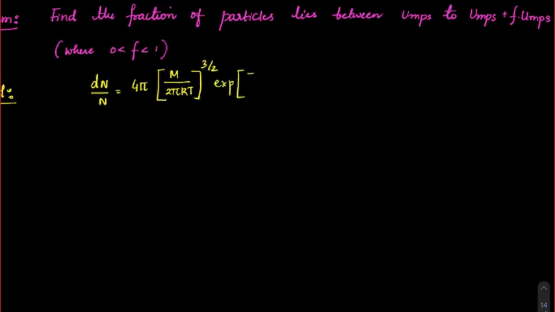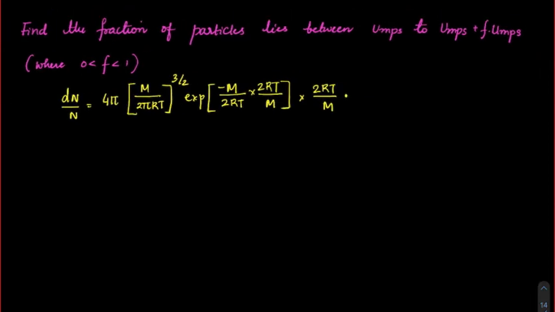Exponent of minus m by 2RT into u squared, right? So here u squared will be 2RT by m only. Multiplying that into u squared again, which is 2RT by m, that into du. Now what is du? Just check this du value here.